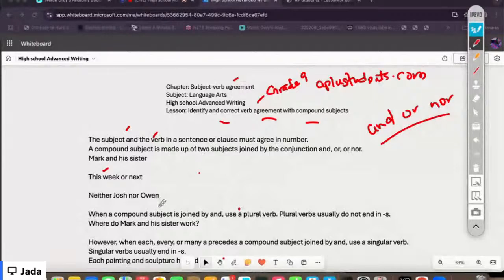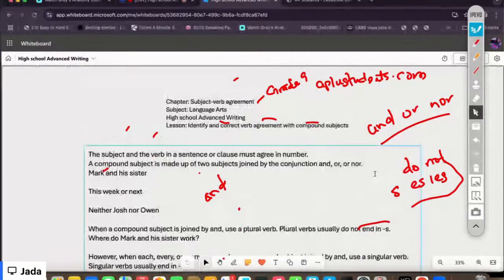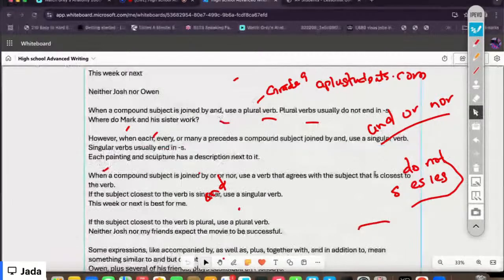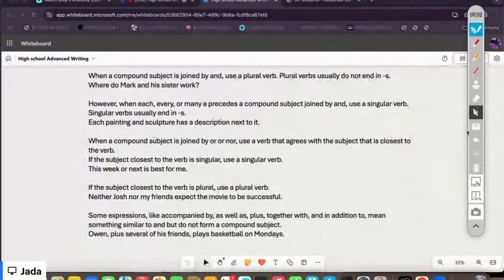So when a compound subject is joined by and, you need to use a plural verb. Automatically, when you see a compound subject joined with and, that means it is plural. Plural verbs usually do not end with s, es, or ies.